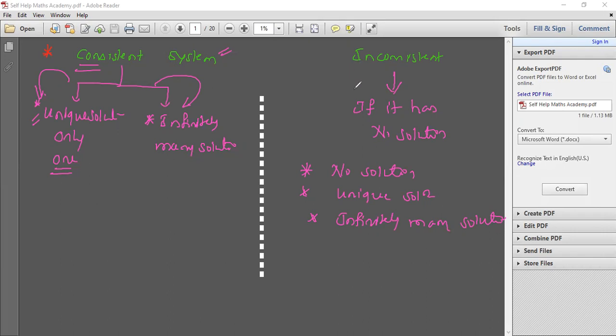Whereas a system with no solution is called an inconsistent system. Therefore, we have divided linear equations into three varieties.